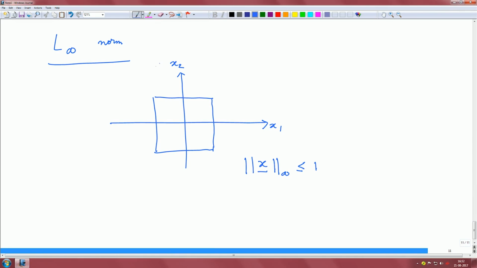You can't go above this wall here or go beyond this wall here, and so on, right. Everything is inside this. Clear? So, this gives you a picture of what the various norms are for vectors. Clear?